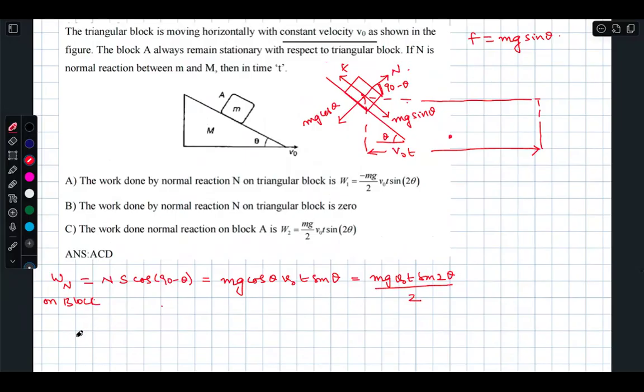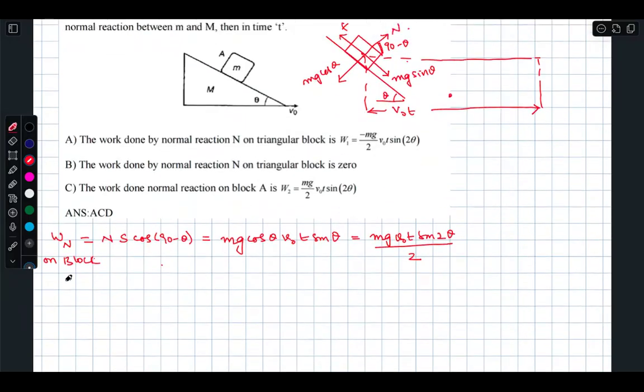So work done by normal reaction on the block. So what is the work done by normal reaction on wedge? Reverse of this, because action reaction pair. So minus of mg V naught t sin 2 theta by 2. Done.